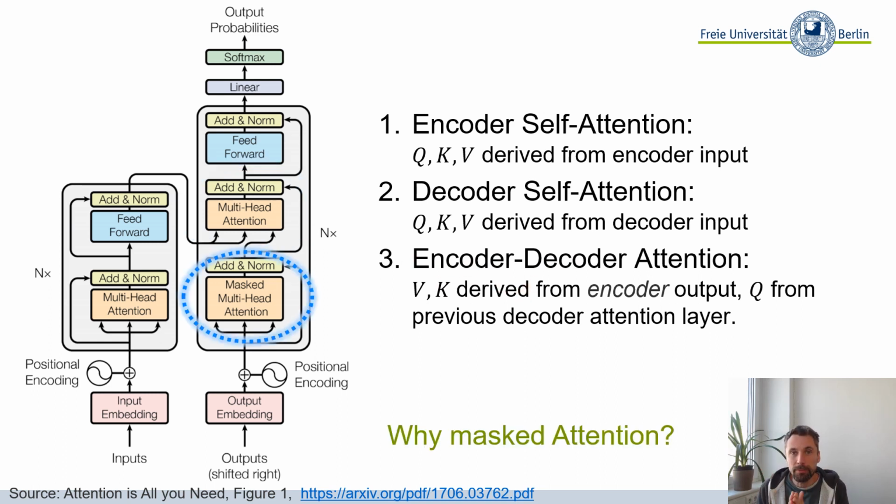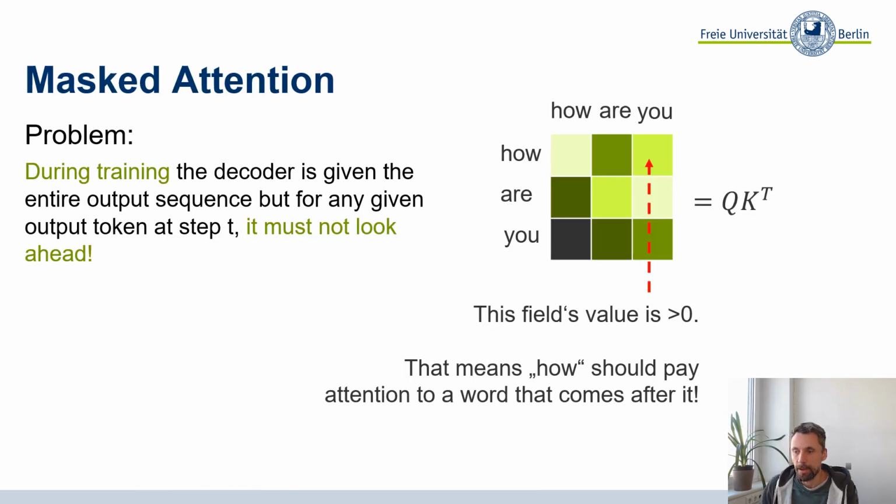Now, let's have a look at the second part here. So why does it look different? Why does it say masked multi-head attention? And then we'll later come to this part here. Okay, so let's first imagine how the decoder will be operating in inference mode.